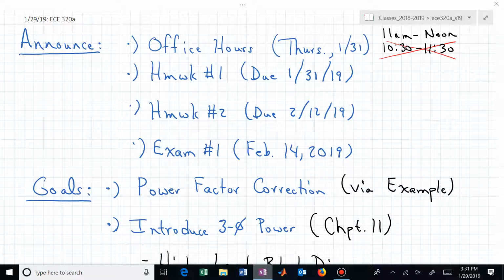Exam number 1 is on the 14th of February. And however far we get section-wise in Chapter 11 with homework number 2, that's where we will draw the line for topics for exam number 1. And you should be able to look at some of the more recent exams, practice exams, to see where we are.